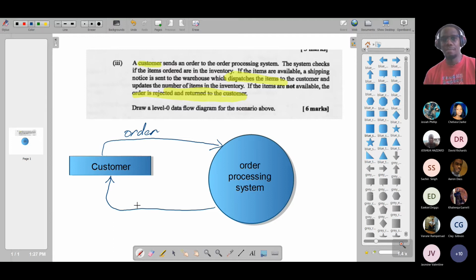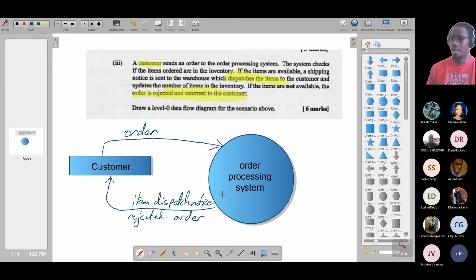Right. So either the system could send you the item dispatch notice, or the system could send you, right, the rejected order. And this is when we look at it from a system perspective, right?